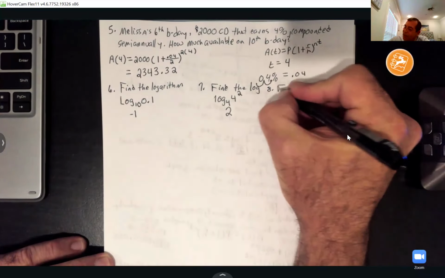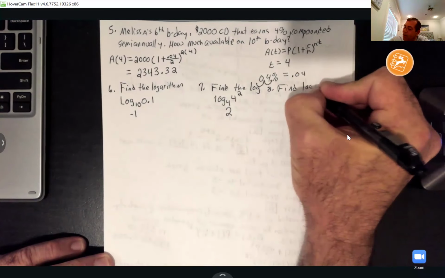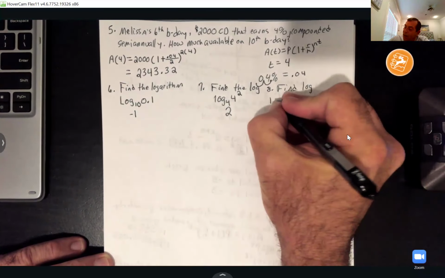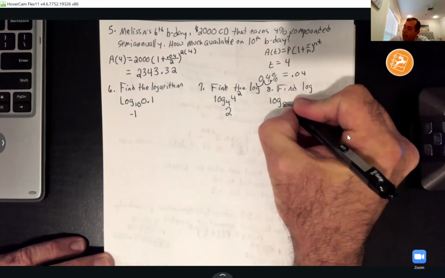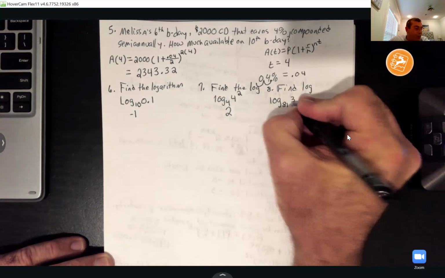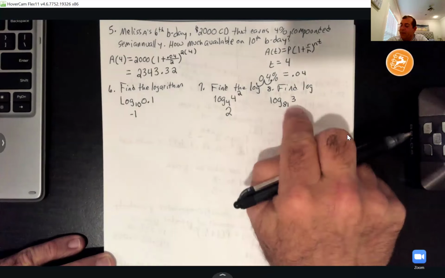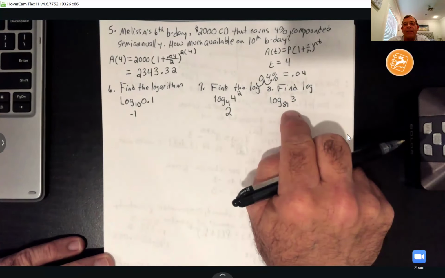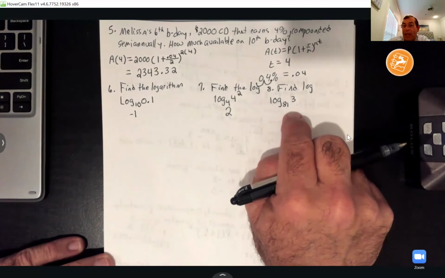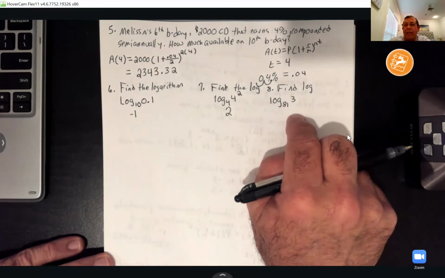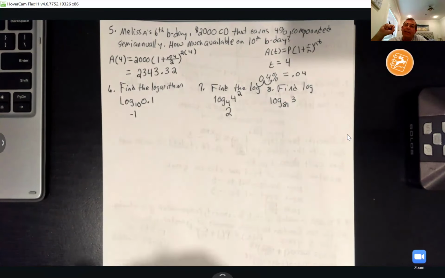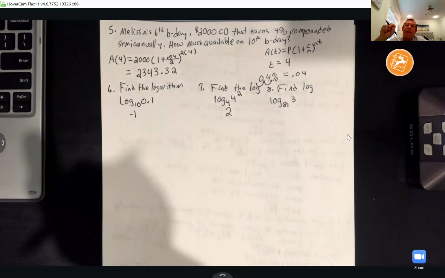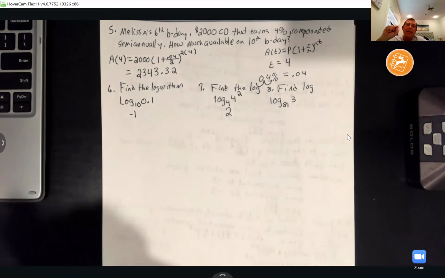All right, try this one. Find the log of log base 81 of 3. Now listen, this one says write the answer as a fraction. So they don't want the decimal answer. So if you get a decimal answer out of that, hit math and enter twice to turn it back into a fraction.